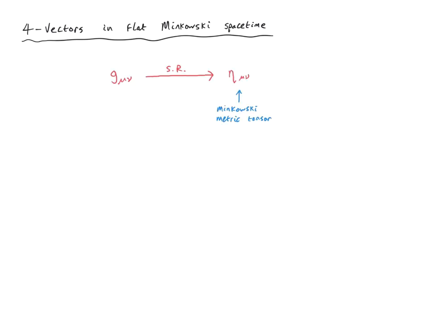In that case, the generic metric tensor G mu nu becomes a specific metric tensor, the so-called Minkowski metric tensor, given by this eta mu nu. Traditionally, this is given by the letter eta, another Greek letter, I'm afraid. For our purpose here, we can consider the Minkowski metric tensor simply to be a 4x4 matrix.